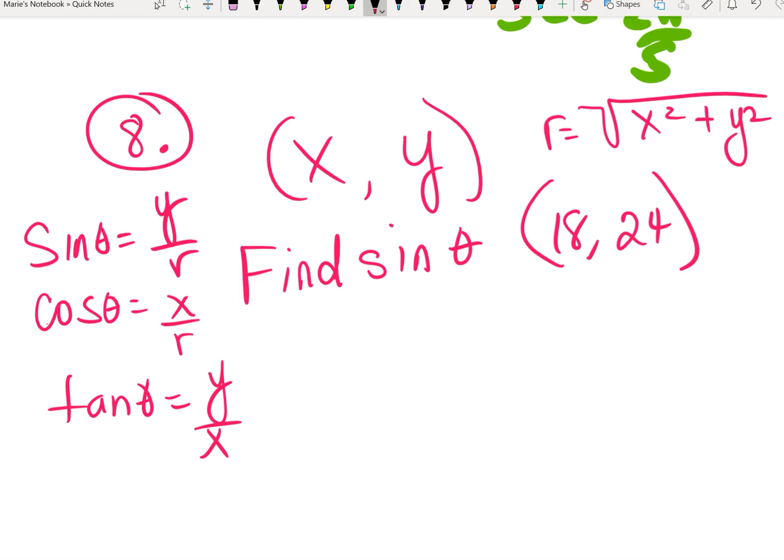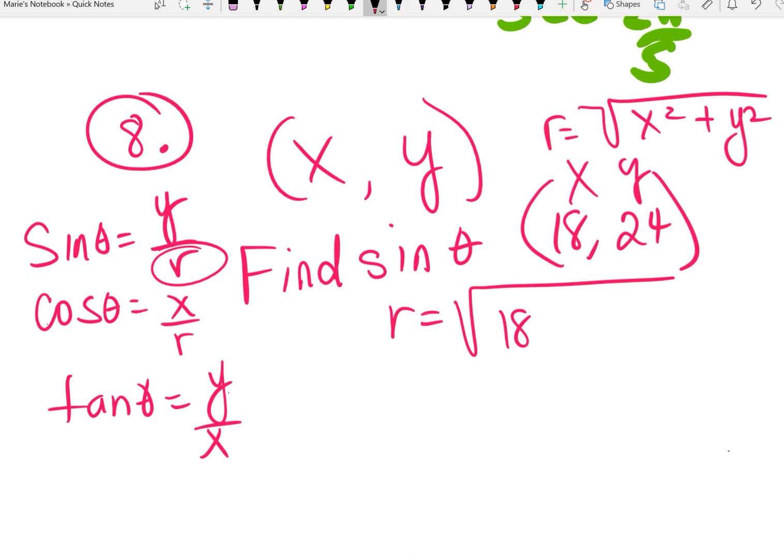And the inverses: cosecant is r over y, secant is r over x, and cotan is x over y. In this case, I know x and y, and I need to find r first. And r is equal to the square root of 18 squared plus 24 squared.